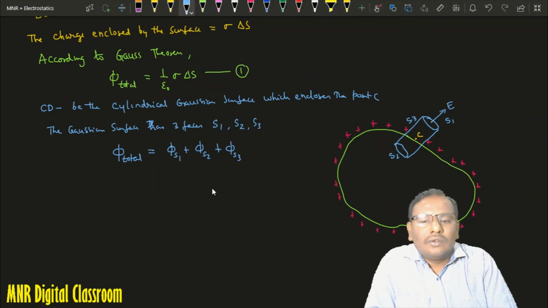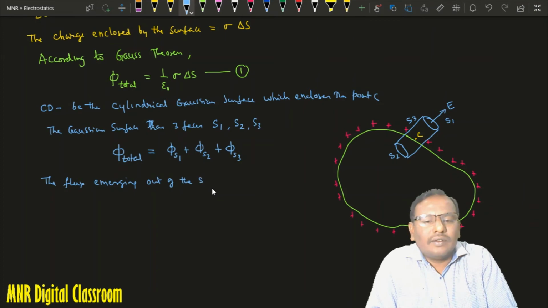Now, the flux emerging out of the surface S1 is phi of S1 is equal to the surface integral of E bar dot ds bar.